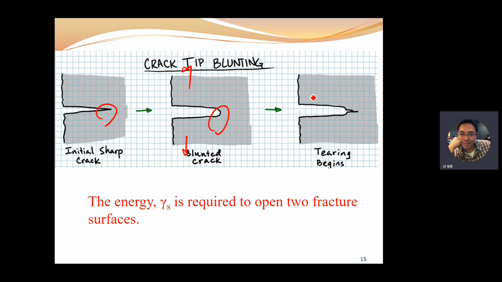If we still keep applying the stress, that means a second surface forms. Therefore, the energy to open the second surface is defined as the specific surface energy.